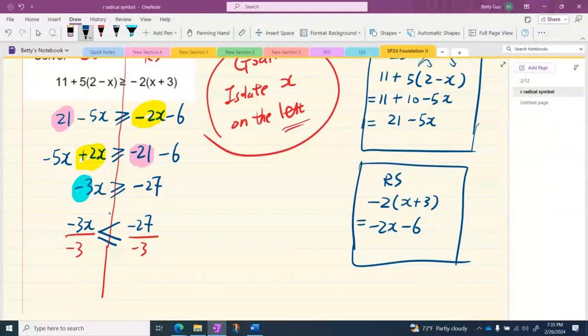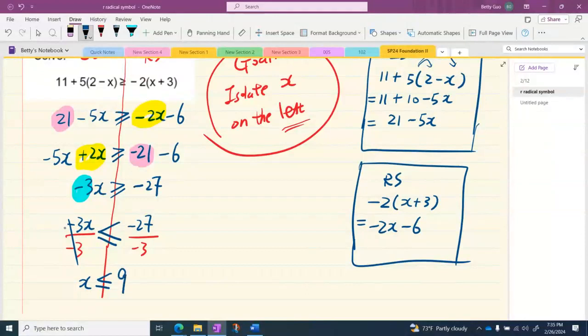Like just now, we need to switch or flip the inequality symbol. And we cancel -3, we have x isolated on the left side. This time x is less than or equal to, on the right side, -27 divided by -3, +9.